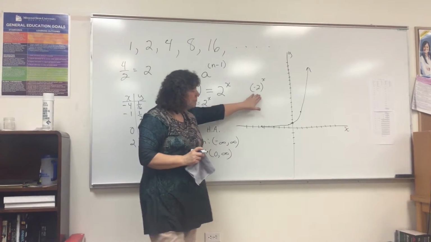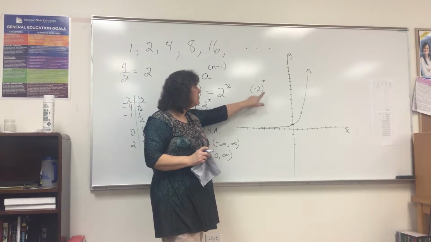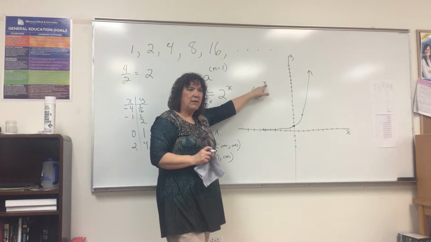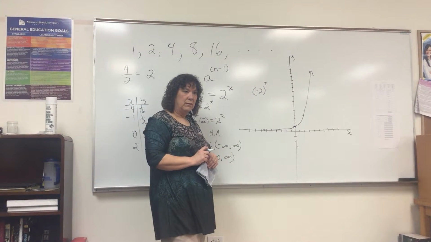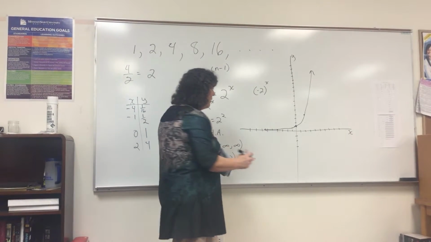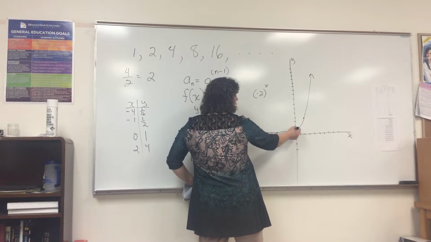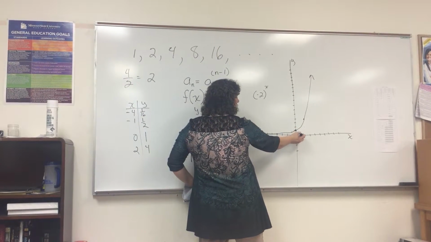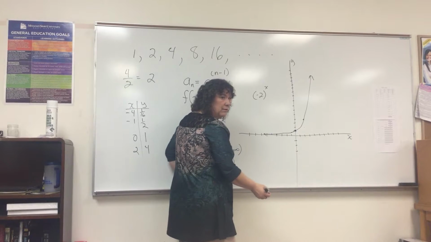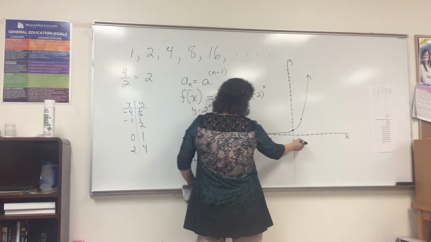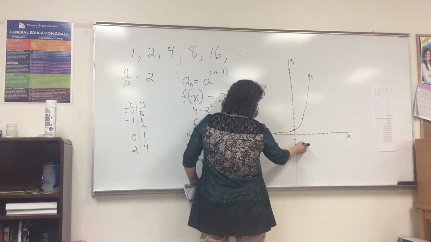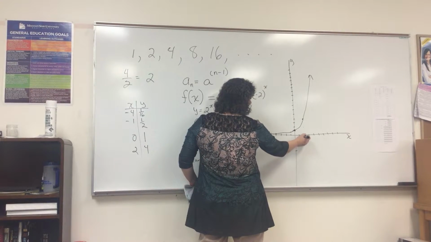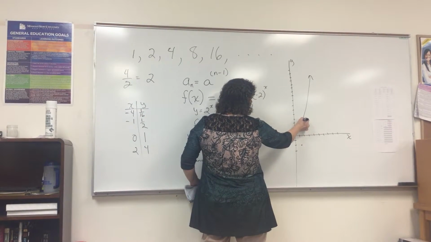But when we're talking about the base being negative, what's that gonna do? Well, at 0 it'll be 1, but at 1, what's my answer going to be? How about a negative 2? And at 2, it's gonna be 4.